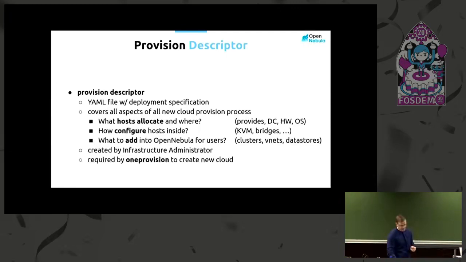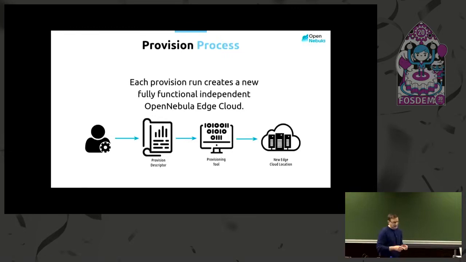This is created by the infrastructure administrator, and the high-level process is as simple as displayed here. So basically, prepare the descriptor, pass it to the tool, wait 10-15 minutes, and you will get an independent virtualization cluster at the edge.